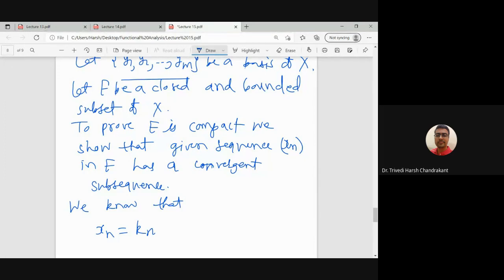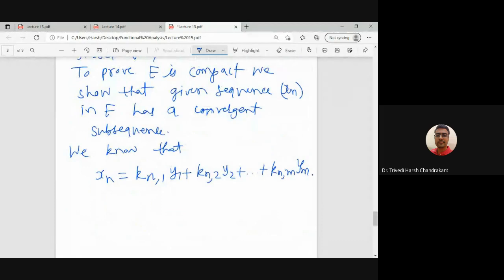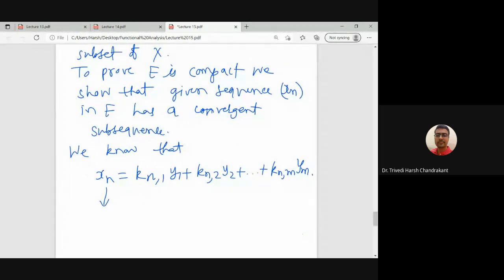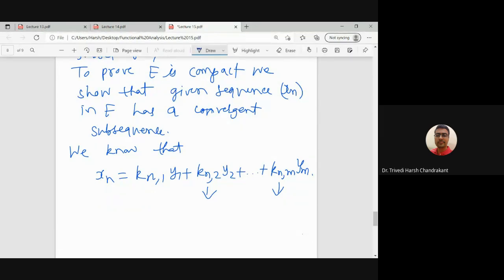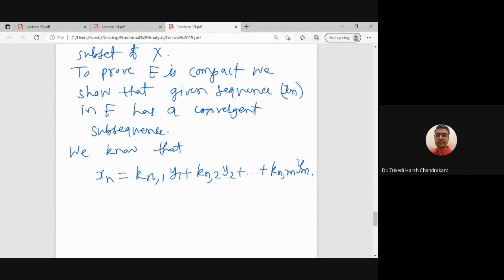So that is kn1 y1 plus kn2 y2 plus ... plus knm ym. And then we know that every property of the sequence we can prove in terms of these m sequences. So xn is bounded if and only if each of these m sequences is bounded, and xn is convergent if and only if each of these is convergent.